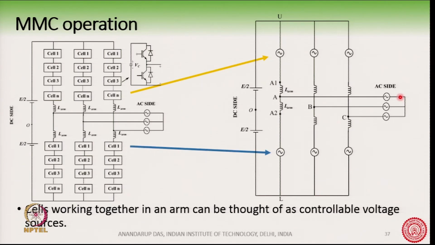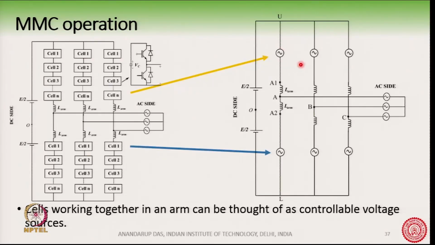So, these 6 controllable voltage sources are something which we can manipulate, because they can be controlled easily by giving a certain reference waveform and using multi-level pulse width modulation, say level shift PWM.